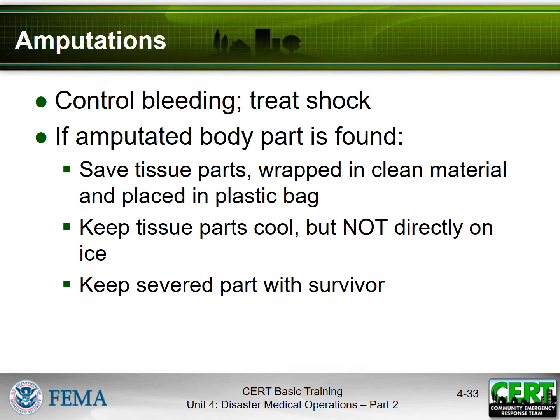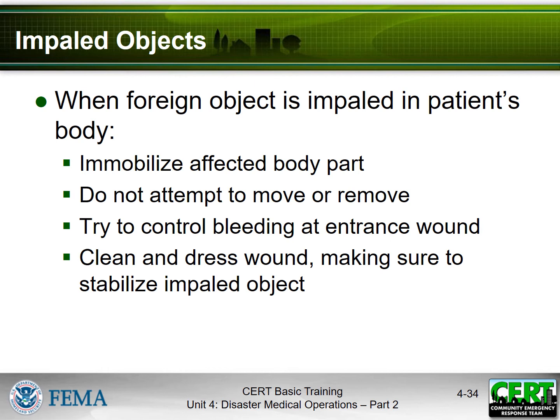Keep the tissue parts cool, but not directly on ice. Keep the severed part with the survivor. Do not put the extremity directly on the ice. That can cause frostbite, and then you might not be able to reattach the missing body part. Sorry if you hear my dog in the background.